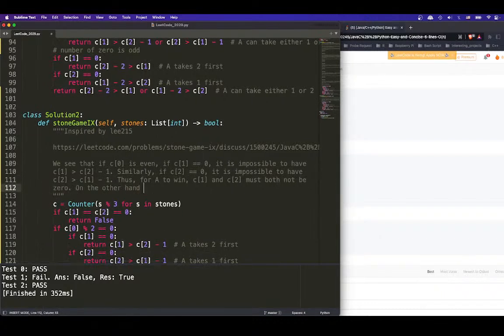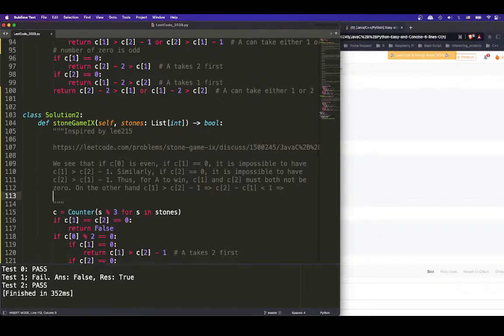On the other hand, C1 larger than C2 minus 1 is equivalent to C2 minus C1 smaller than 1, which is equivalent to C2 minus C1 smaller or equal to 0.